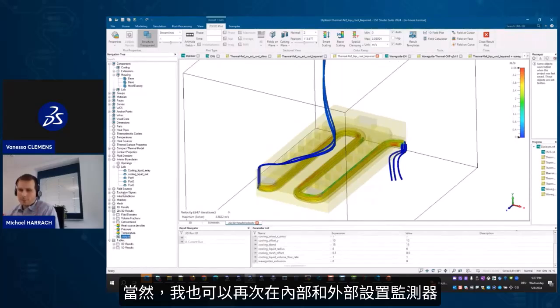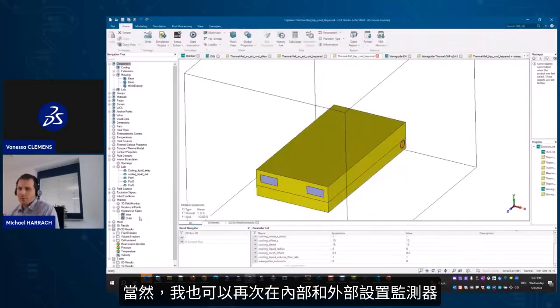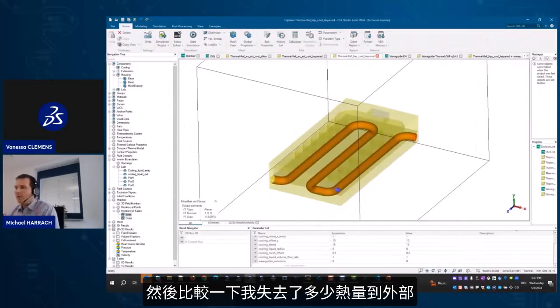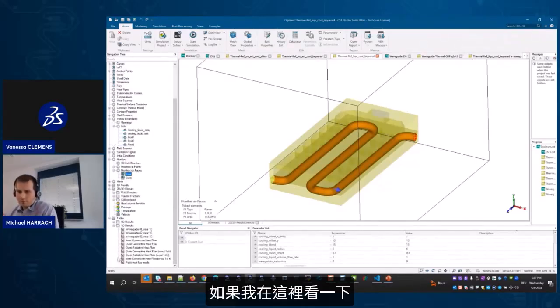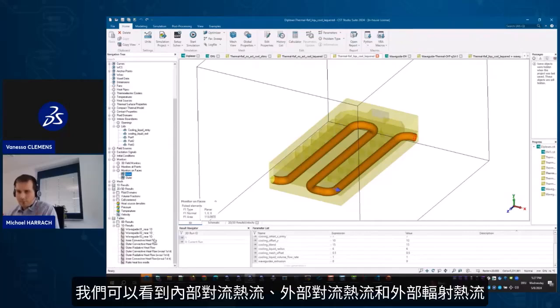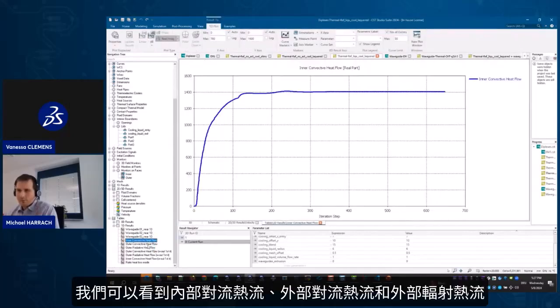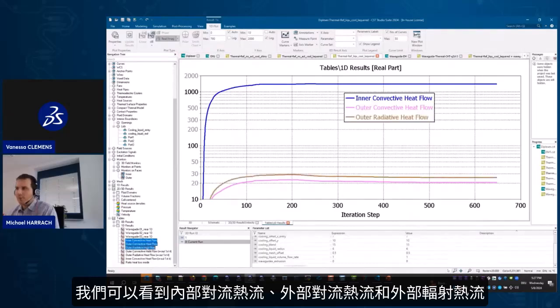I can also, of course, again set monitors on the inside as well as the outside, and then compare how much heat am I losing to the outside, how much heat am I losing to the inside. So if I take a look here, we can see the inner convective heat flow, the outer convective heat flow, and the outer radiative heat flow.